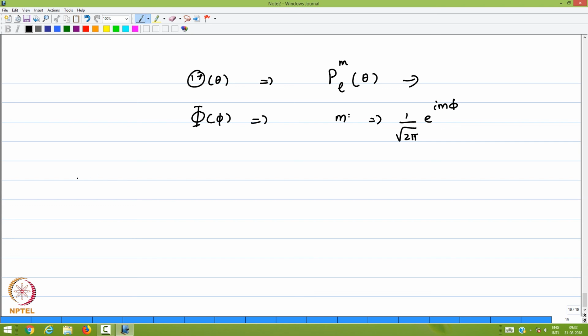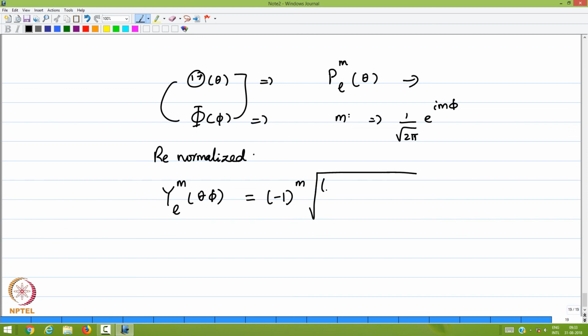Now, the conventional practice is to put these two things together and to do a renormalization, renormalize the whole integral and call these the spherical harmonics Y L m theta phi. And the Y L m theta phi in terms of the functions is defined to be minus 1 raised to m, square root of (2n plus 1) times (n minus m) factorial divided by 4 pi times (n plus m) factorial, times P n m cos theta e raised to i m phi.